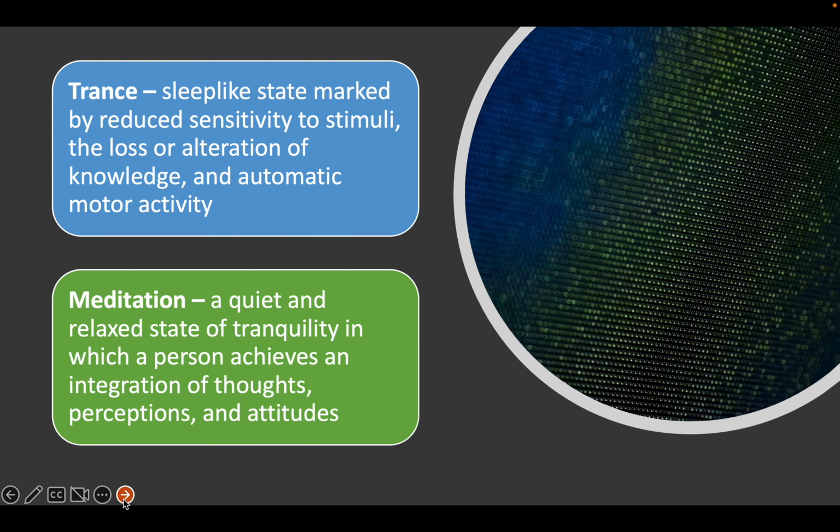We also have meditation. Meditation is a quiet or relaxed state of tranquility in which a person achieves an integration of thoughts, perceptions, and attitudes. Usually, this state is attained with the cooperation of a special principle or belief.